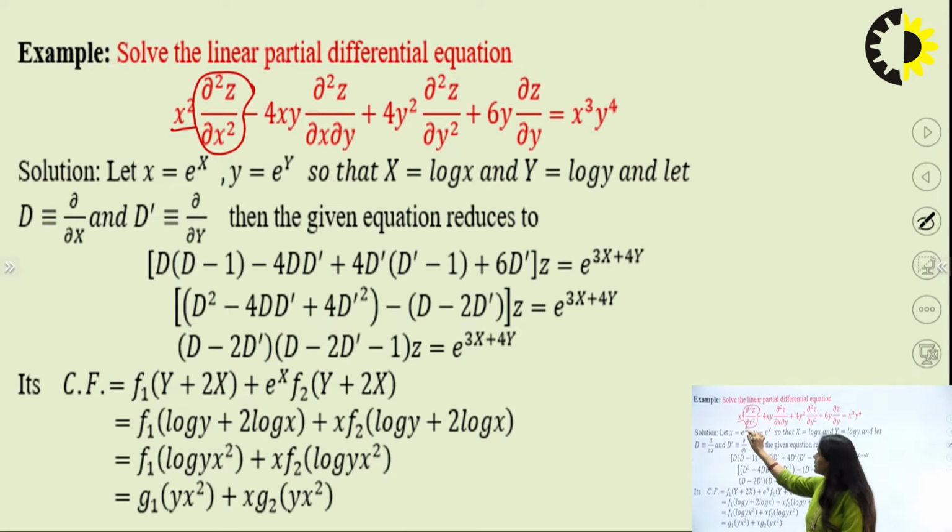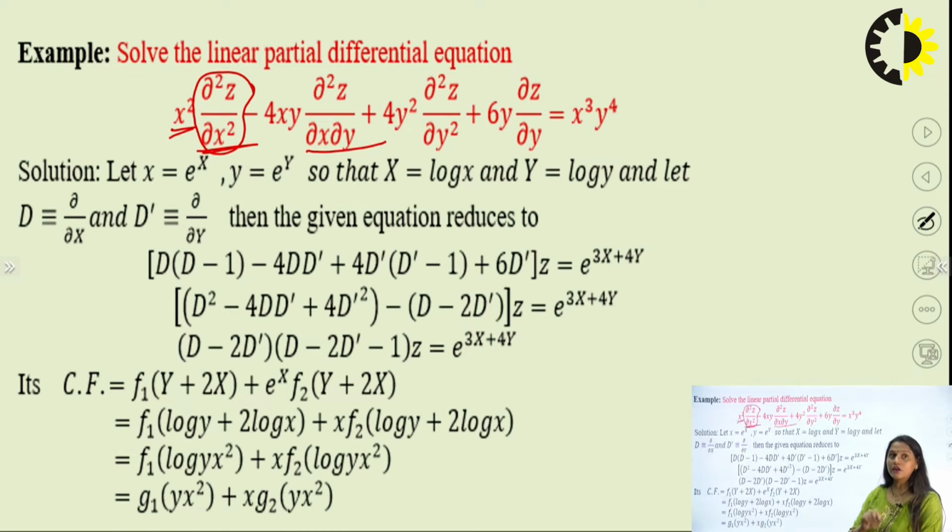So see very carefully, the derivative is with respect to x and the coefficient is x². Here the second order derivative is with respect to x and y, so the coefficient is also xy. Here you see the second order derivative is with respect to y, so we have the coefficient y², and in the last term we have the first order derivative with respect to y, so the coefficient is with y only.